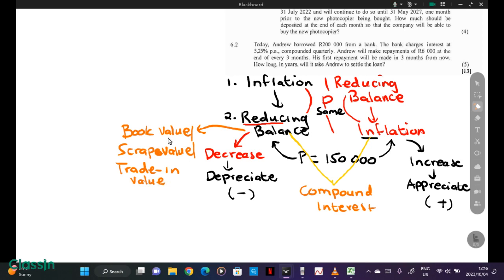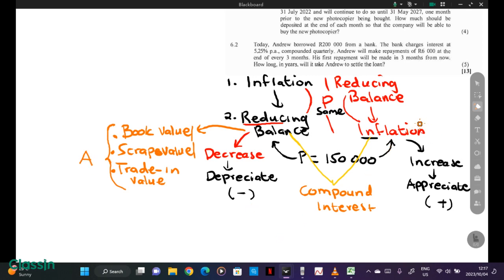These are the words that they can use, but all these three, book value, scrap value and trade-in, mean the same thing. They want you to calculate the value of A.